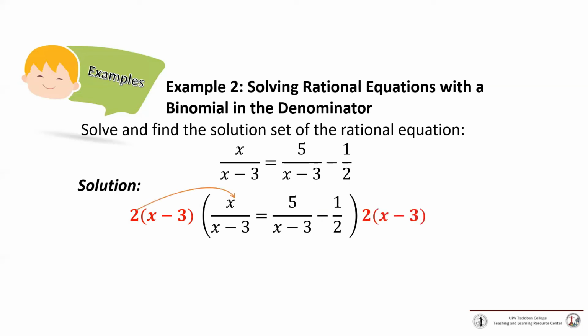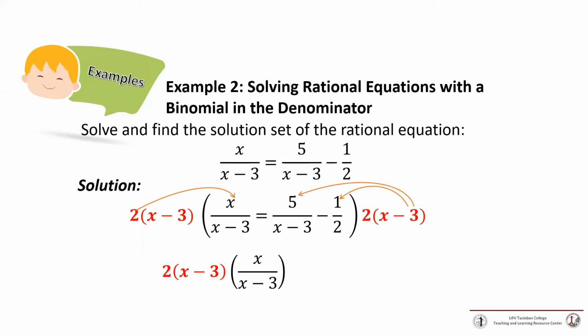Then you apply the distributive property: 2 times the quantity x minus 3 times x over x minus 3, and then you multiply 2 times x minus 3 by 1 half, and 2 times the quantity x minus 3 by 5 over x minus 3.